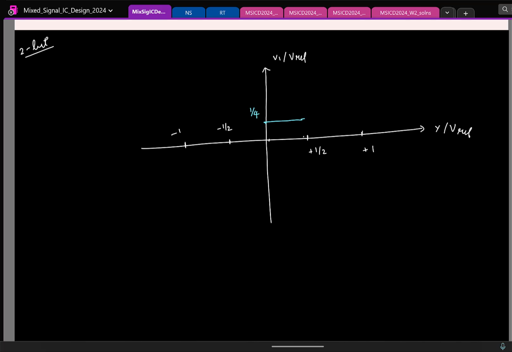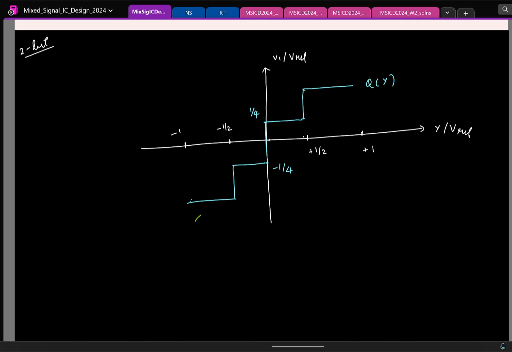And from 1/2 to 1, what will you round it off to? 3/4. So let's say that is something here. Similarly, on the bottom side, I'll have the same thing. Let's say this is minus 1/4, and minus 3/4. This is basically the quantized output.